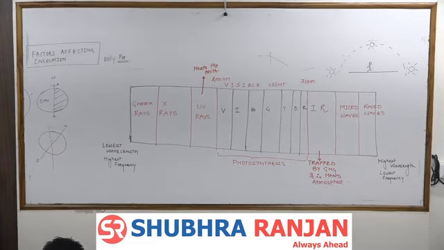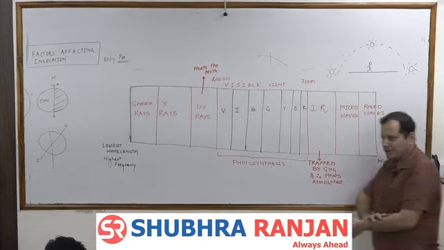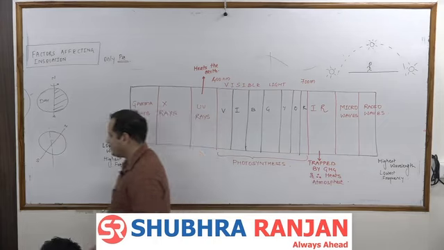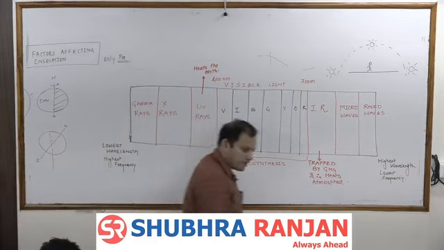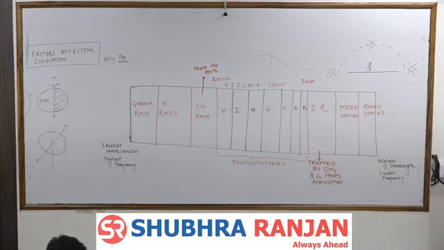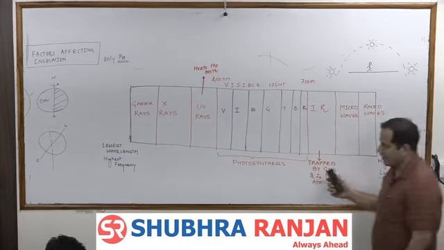Ideally, each and every place on the earth should have equal length of day and night.